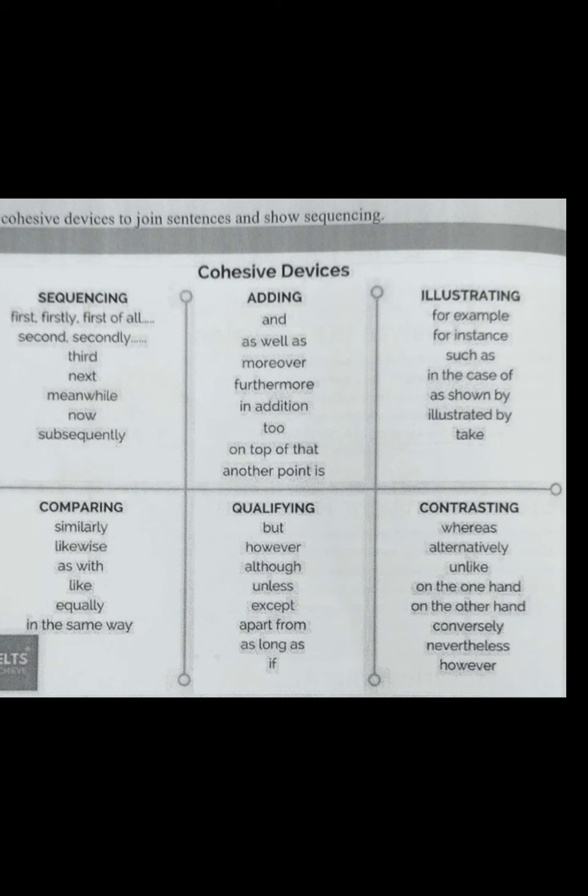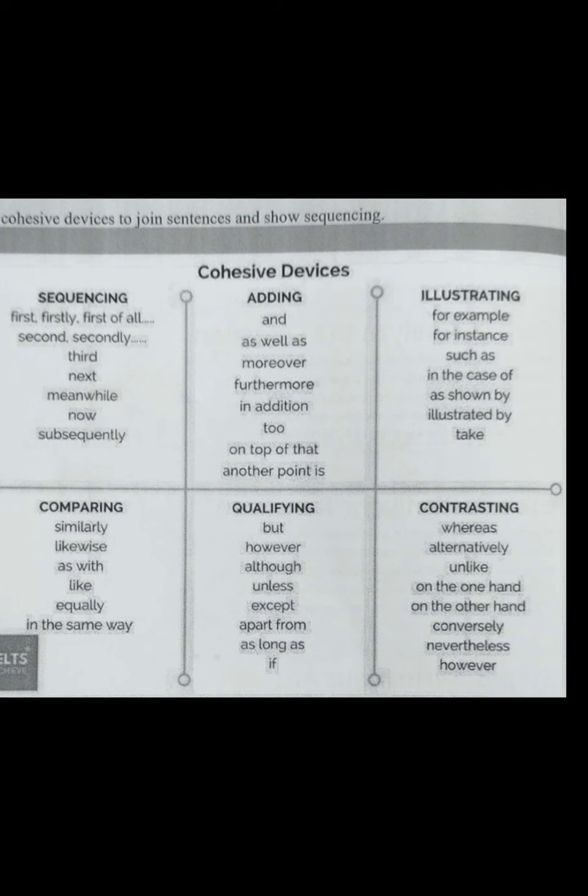So for sequencing, there are first of all, secondly, third, next, and so on. And then adding, you have and, as well as, moreover, furthermore, in addition. Okay, for this one, you use when you want to add some points or examples, or you want to give extra explanation.